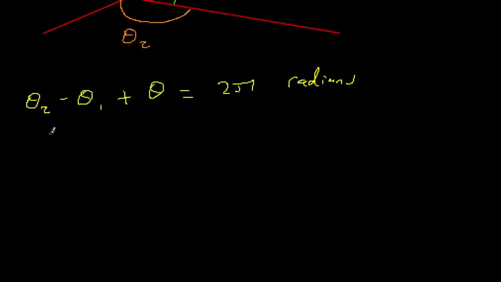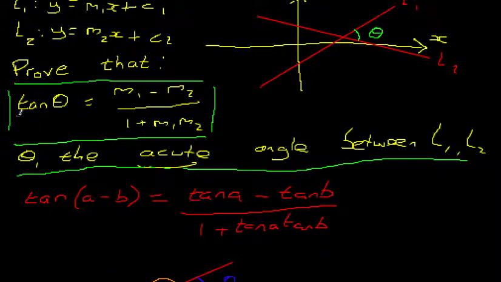So in particular, if we recall what we're aiming for, we're interested in tan of theta, right? This is the formula we're trying to prove.